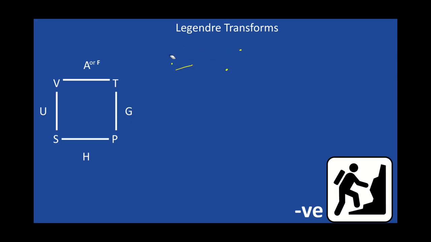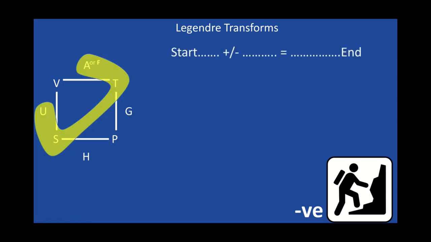By going these ways we can derive the equations. Let's see an example. The equation is: we take the starting parameter, use plus or minus, then the in-between parameters, and then equals the ending parameter.